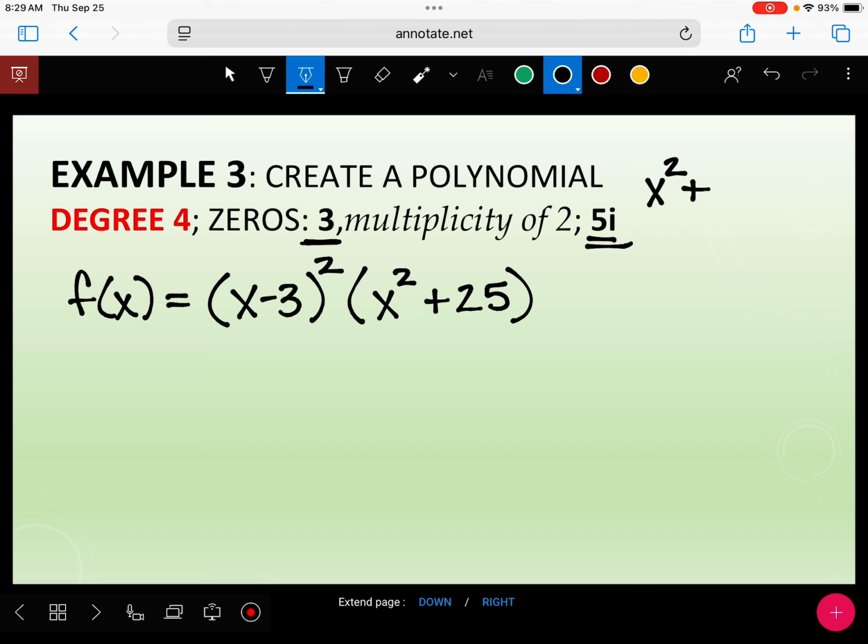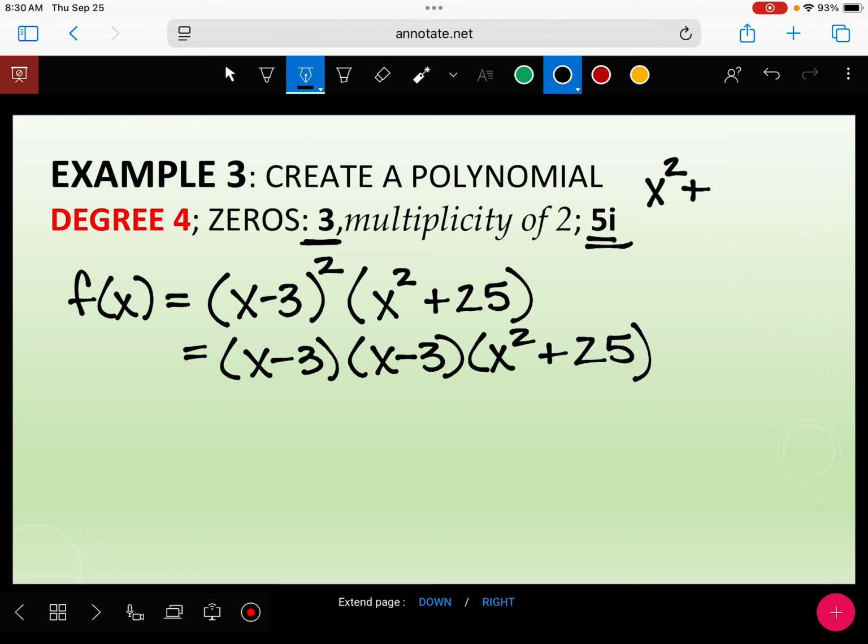All right, so we have a multiplicity of 2, which means you really have x minus 3 twice. So go ahead, make your box. We got to do 2 boxes for this one. You're going to multiply x minus 3 times x minus 3.